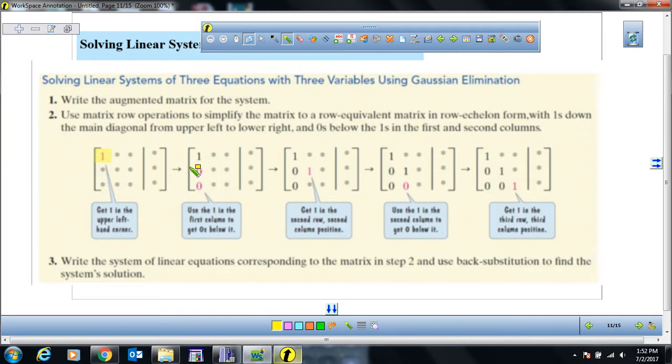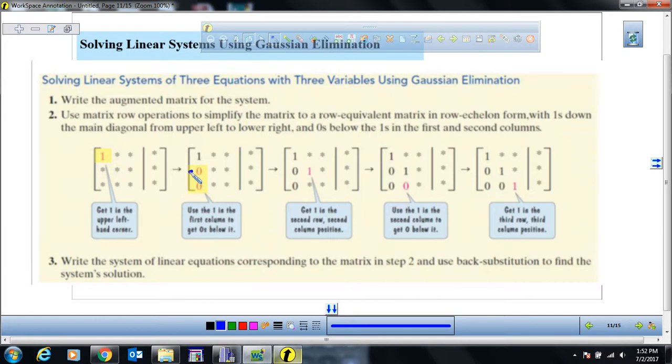Now, the second step in the process here is that you need to make the two numbers right below that 1 into zeros. Now, to make them into zeros, you're going to use the process of addition, because a 0 means that you're going to cancel each one of them. And now, this is the key. If I want to make them into zeros, you need to always use the process of addition by adding it to another equation.